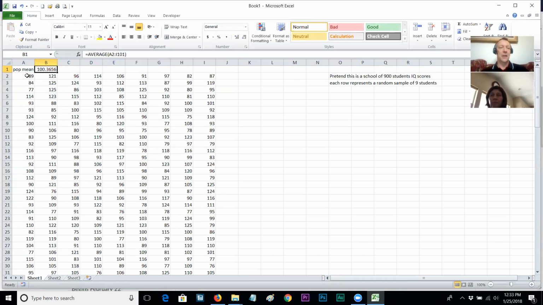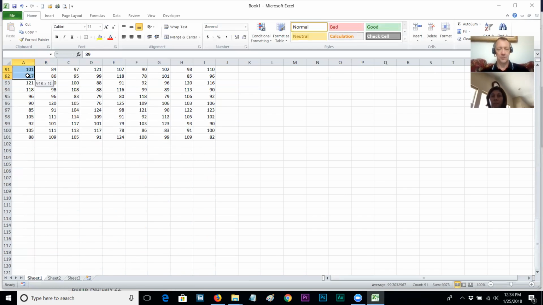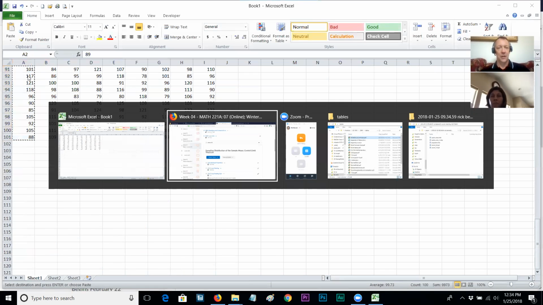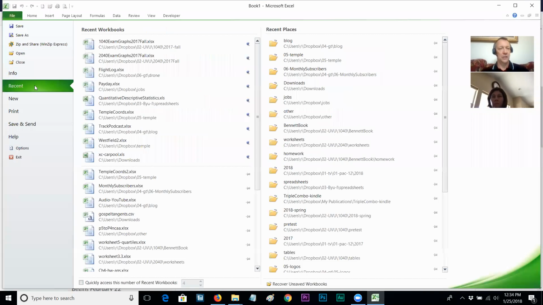Now, I should save one of these things here, but I'm just going to take one column. If I were to take this column of 100 students, I'm going to stick it in the Histogram Maker sheet.